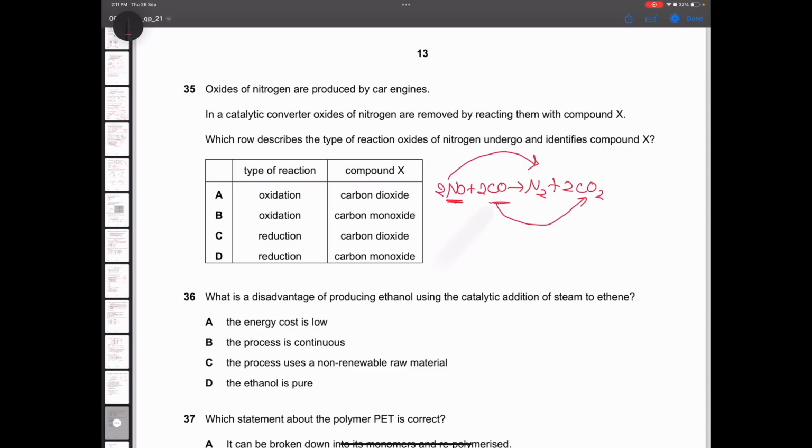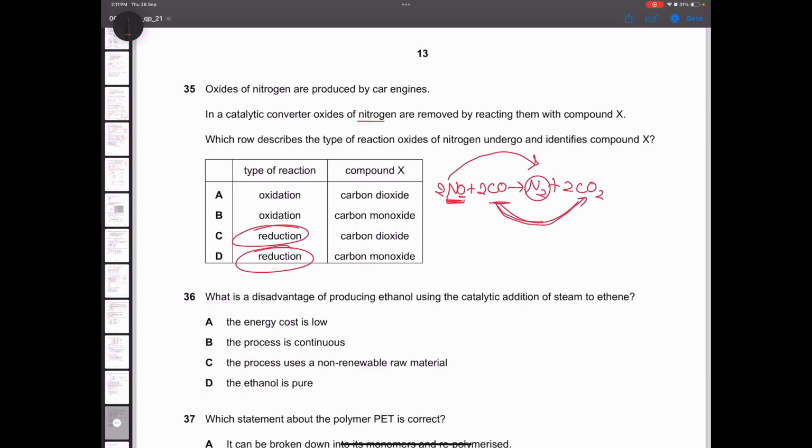For carbon monoxide oxidation is taking place, but they are asking us for nitrogen. Now, if you look at nitrogen, this nitrogen is losing oxygen, and now it is in an elemental form without oxygen. So, this is reduction. Nitrogen is getting reduced. And what is helping in this?